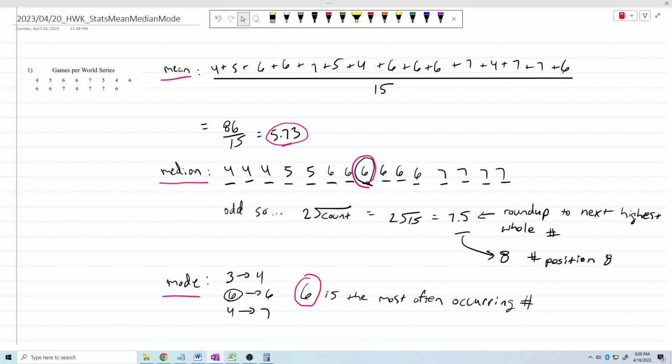It is fair to say, for example, looking at this first one here that happens to be on the screen, that most of the time the games per World Series will be 6 or 5.73. That is fair. That is a good description. You can simply leave it at that, and that would be valid. The other part of the story, which we'll get into in a couple more videos, is measures of variability.